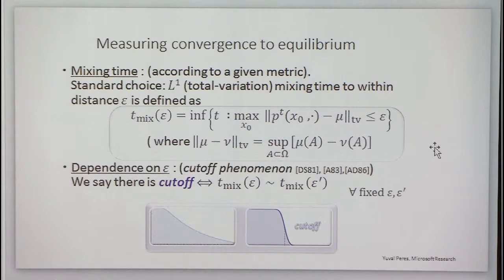So this graph always decays exponentially once it goes below a half. But in some cases it decays faster, and this is the case of cutoff. So we capture it by looking at this T mix epsilon, where you reach epsilon. Besides depending on epsilon, there's also an implicit dependence on the size of the system. And what we'd like is that the ratio of T mix epsilon and T mix epsilon prime will go to 1 as the size of the system goes to infinity. So that will be the cutoff phenomenon.